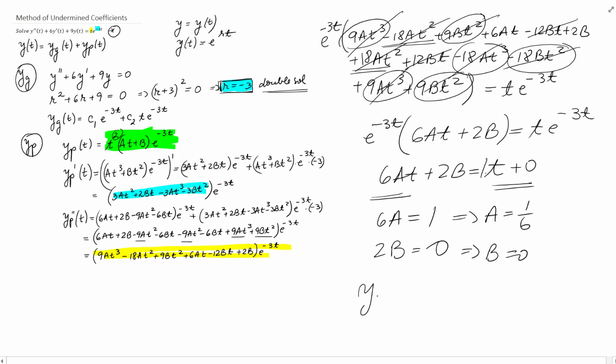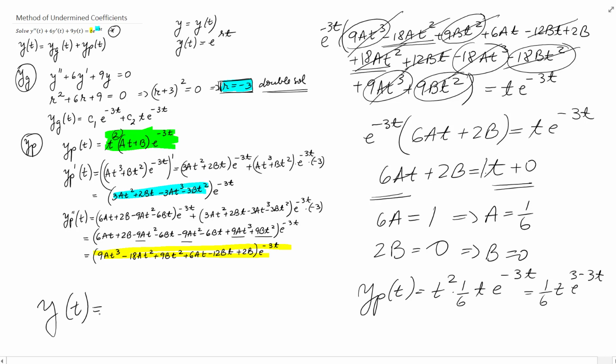So the particular solution is t squared times 1/6 t e to negative 3t, or 1/6 t cubed e to negative 3t. In other words, the solution of this equation is y of t equals c1 e to negative 3t plus c2 t e to negative 3t, which is the general solution, plus 1/6 t cubed e to negative 3t, which is the particular solution.